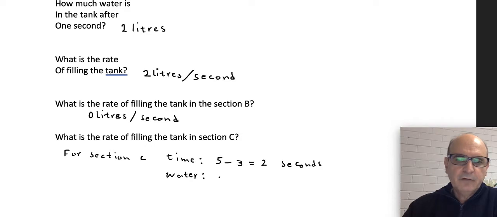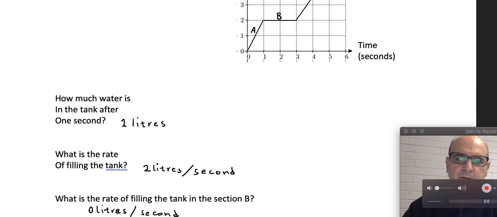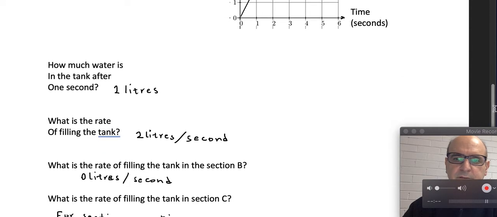We had 5 liters at the end, and at the start of that section we had 2 liters. So 5 take away 2 is 3 liters. So 3 liters has flowed in 2 seconds.